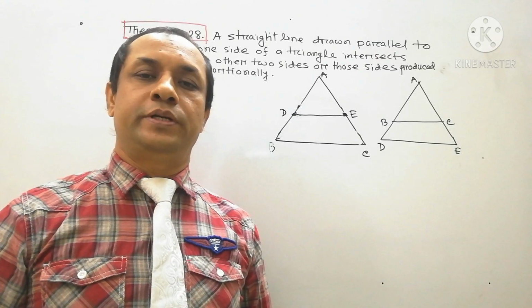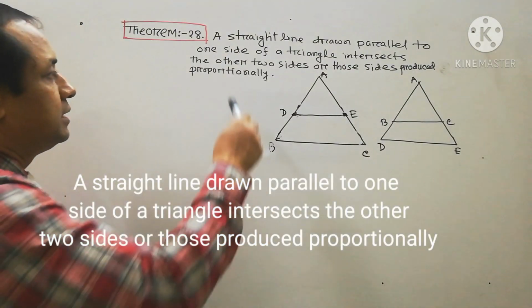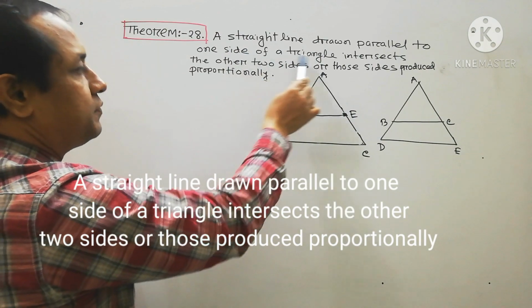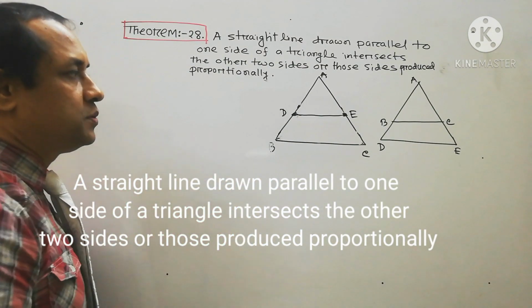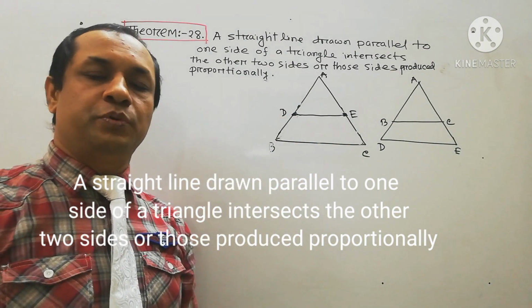Theorem number 28. So look at the board. A straight line drawn parallel to one side of a triangle intersects the other two sides, or those sides produced, proportionally.